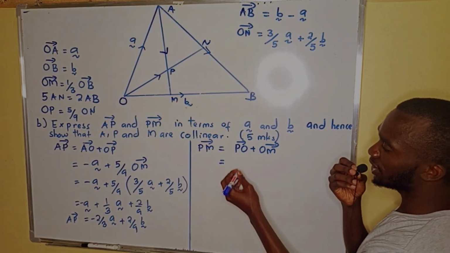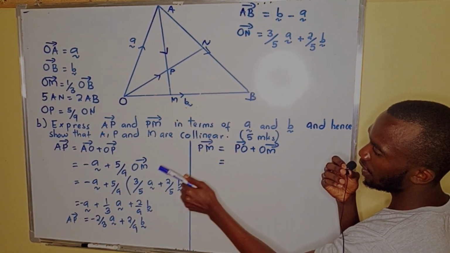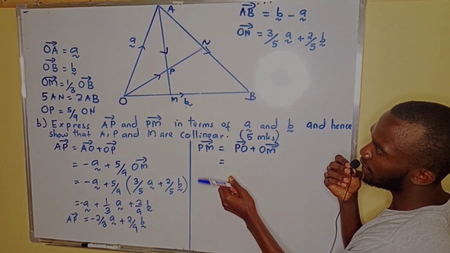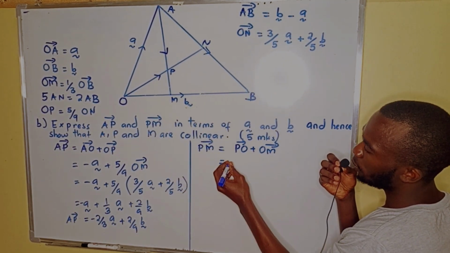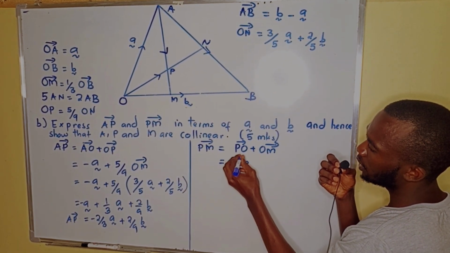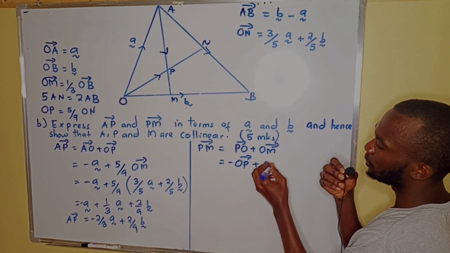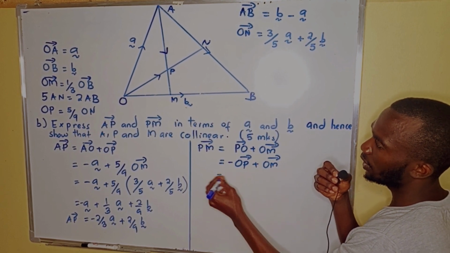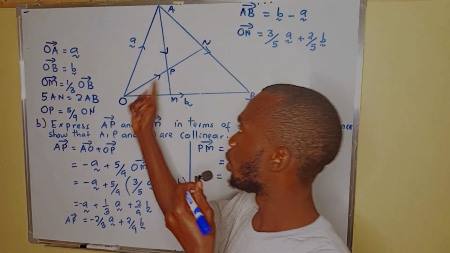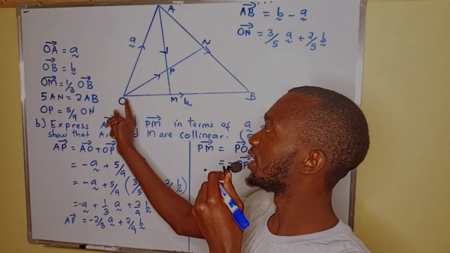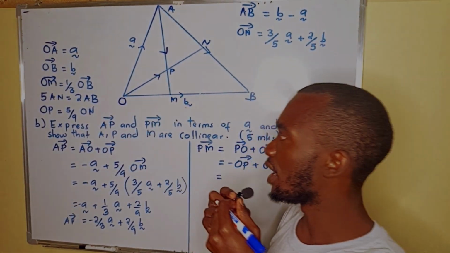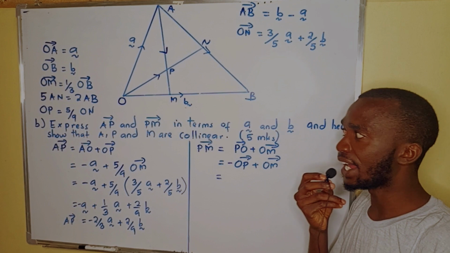So this is the same as minus OP plus OM. Because we want to move from P to O, that is the negative of OP. And OP was 5 over 9 OM.